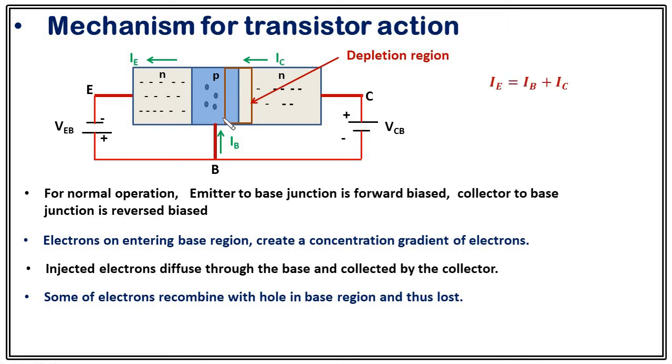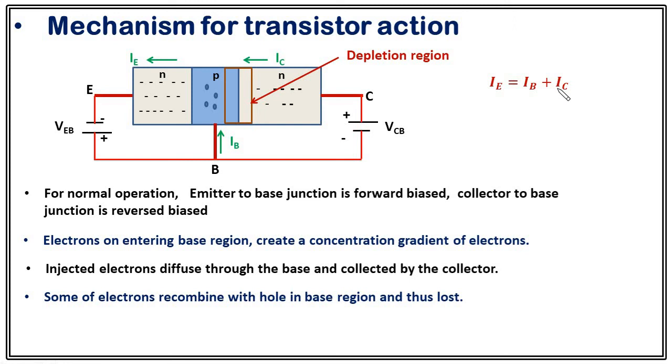Okay. Now just think more about this. What you can write is that emitter current is equal to the sum of base current and collector current, right? Now while manufacturing the transistor, the width of the base is chosen to be very small. Why? To minimize this recombination current. Similarly, the doping of the base is also kept low so that we can minimize the recombination.